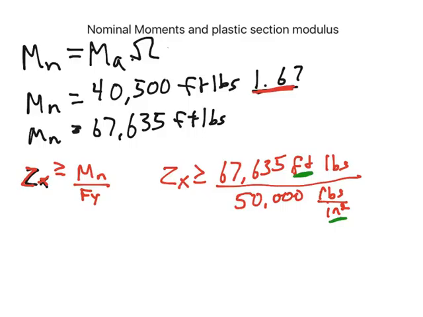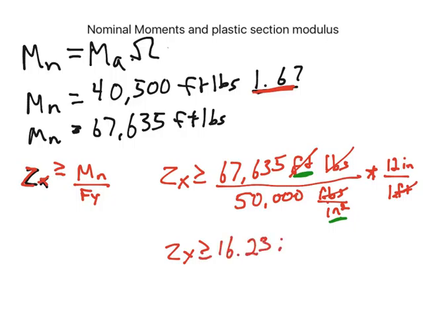So I need to do a little bit of conversion, and since the foot is on the numerator, I'm going to put 1 foot in the denominator and 12 inches in the numerator, and the feet then cancel out, and I end up with inches cubed for my final answer. The pounds will also cancel out. So the Zx, or the plastic section modulus, has to be greater than, once I do all this, 16.23 inches cubed.